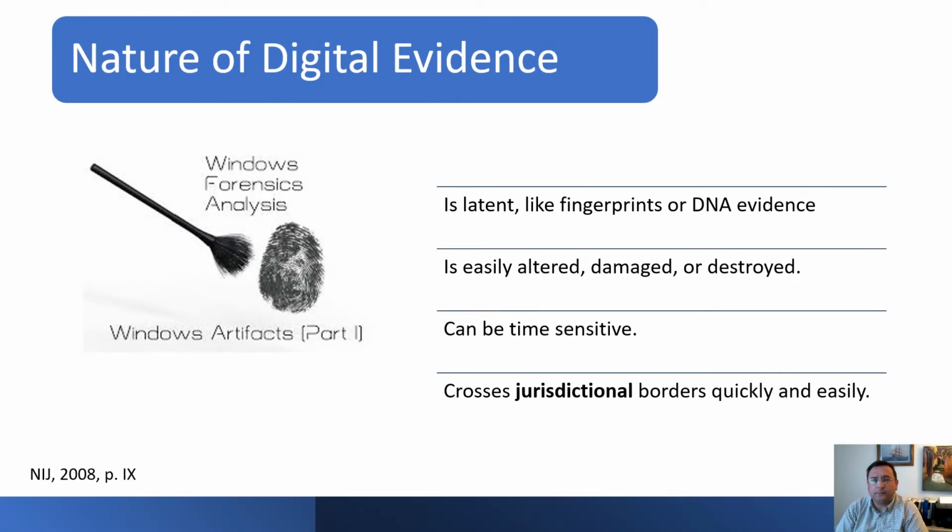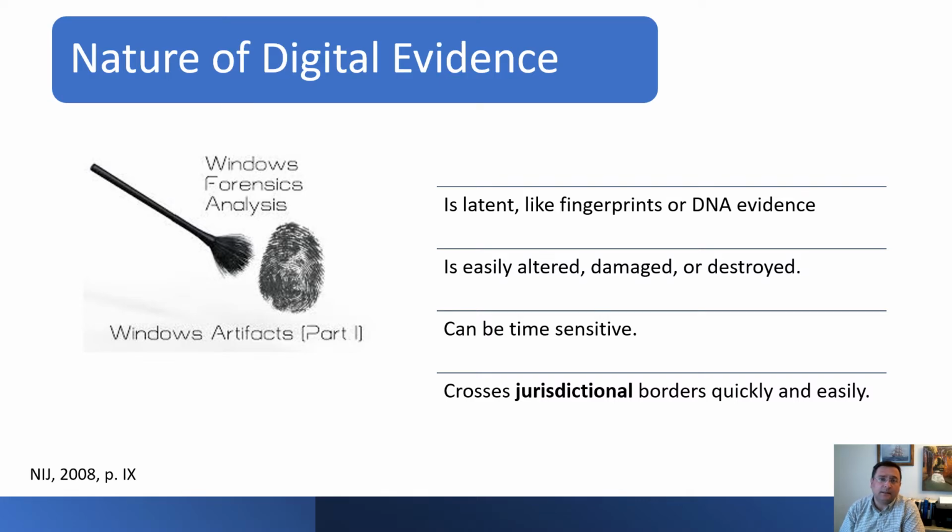We should mention the nature of digital evidence to have a broader understanding about its features. It is latent like fingerprints or DNA evidence, and it's easily altered, damaged, or destroyed.